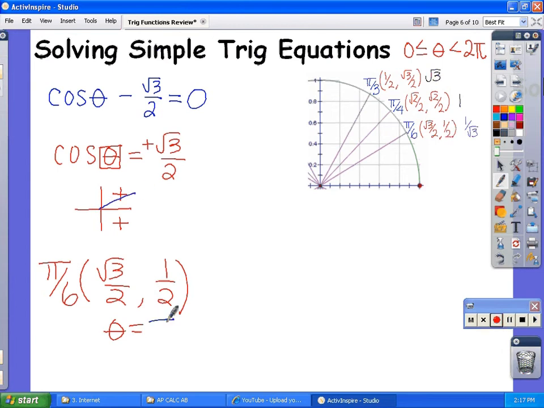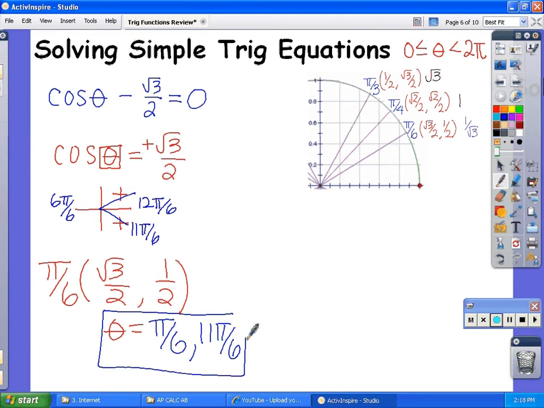That's the regular pi over 6. You'd have to figure out which one is in the fourth quadrant. Now the fourth quadrant's a little bit harder. This is 6 pi over 6. This is 12 pi over 6. Go back 1. That means it's 11 pi over 6. So our other answer is 11 pi over 6. The answer to our question is pi over 6 and 11 pi over 6.